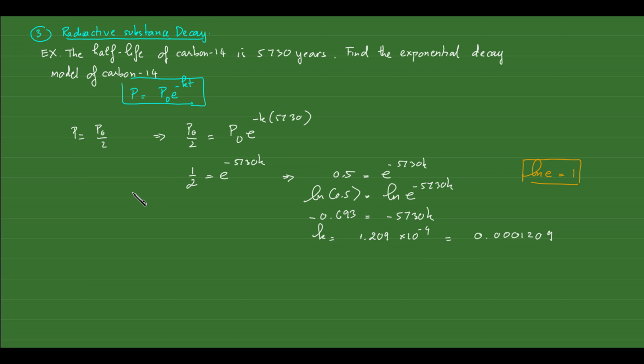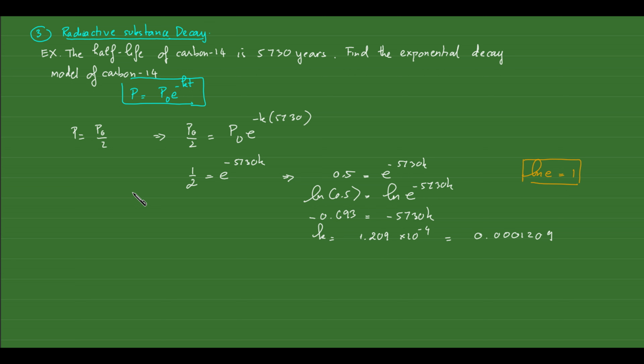Okay, as long as we got a k, let's see if I calculated it right or not. Something's not right. ln of 0.5 divided by 5703. Negative. I just want to calculate it.